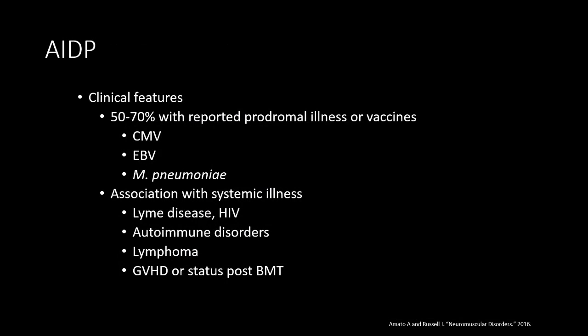This is probably a little more relevant to adult patients, but this being triggered by Lyme disease and HIV are an important differential. Other autoimmune disorders can present with AIDP. Patients with lymphoma can develop an AIDP-like picture. And this is also well described in graft versus host disease or just following a bone marrow transplant. So it's important to think about other relevant history there.